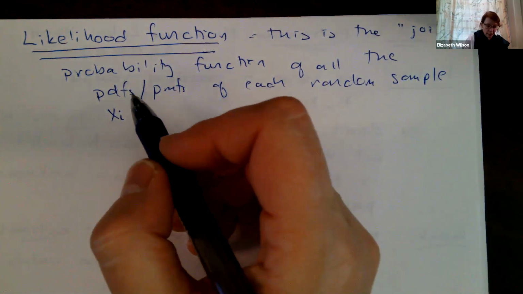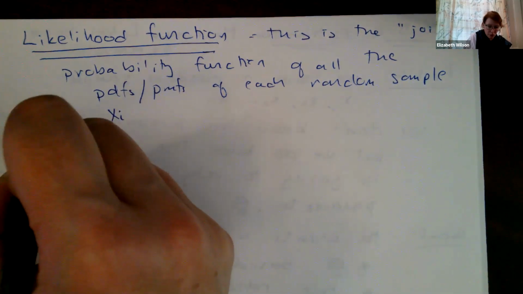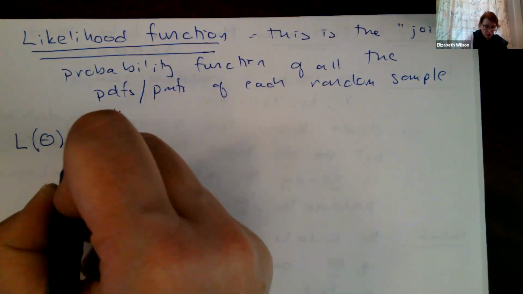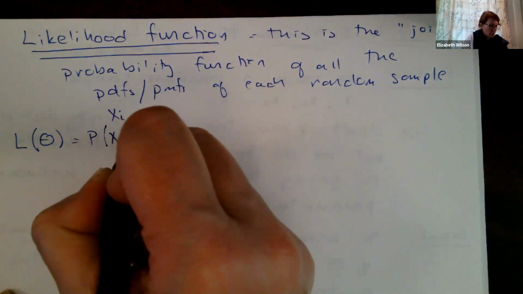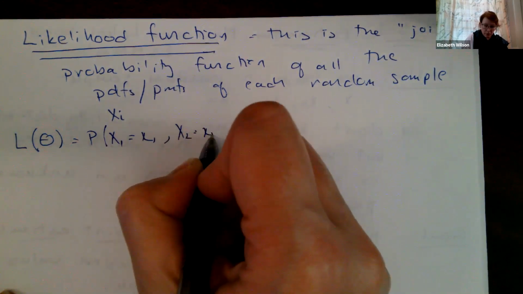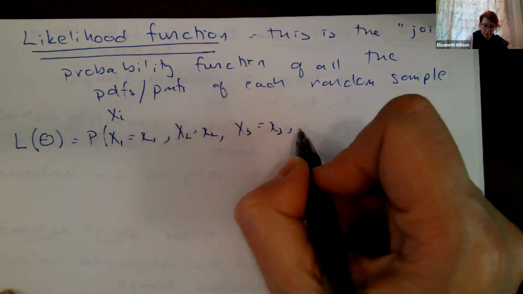And it's going to go into a likelihood function. The likelihood function, we'll call it L for likelihood, is a function of theta. It looks like it's a function of y and theta, but it's really just theta, because theta is the thing we want to maximize. So this is the probability that x1 equals x sub 1, x2 equals x sub 2, x3 equals x sub 3, and so on up to n.